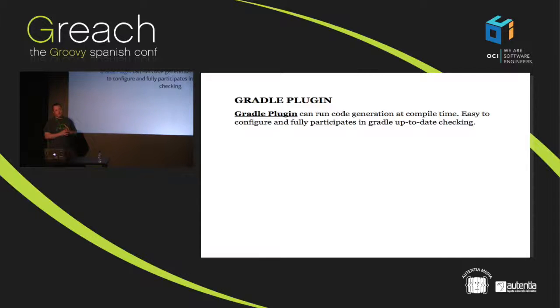But if you would rather use the JDK8 time classes or Joda time, you can do that. So it's highly configurable. You can just do it in the XML file, check that in, and then have a simple Gradle task to parse that and run the code generation, which is the recommended way on the website. I like using the Gradle plugin because I don't like to check generated sources into source control for obvious reasons.